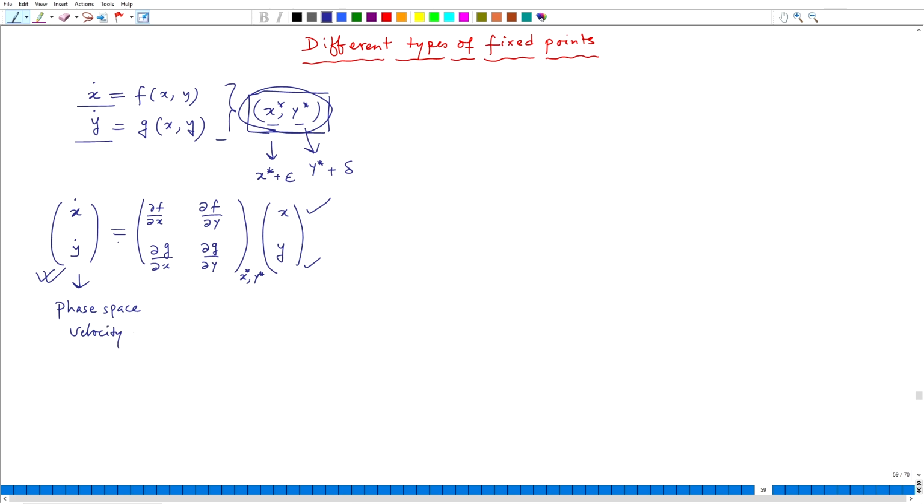I can call this one the phase space position vector.